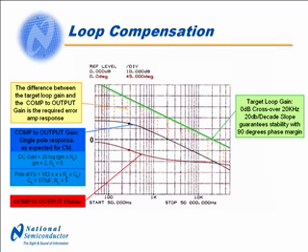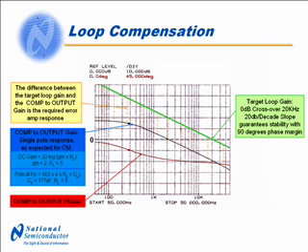Shown in this slide is a Bode plot for a current mode regulator. The units of gain are in dB. Remember, addition of terms in dB is the same as multiplication. The loop gain on this plot is the sum of the power stage and error amplifier gains.